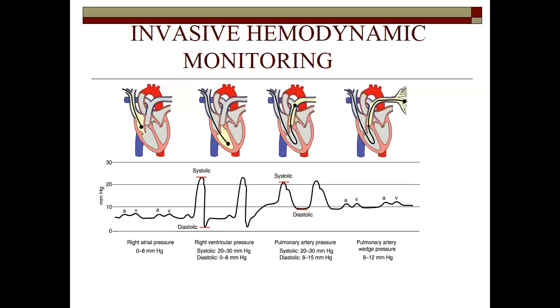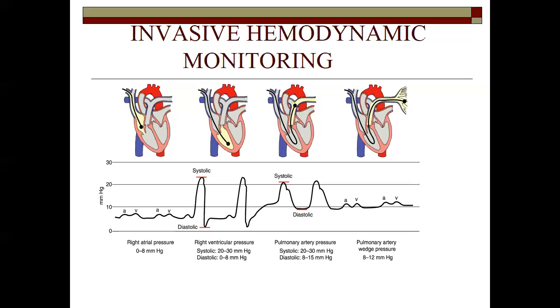You'll see some patients have extremely high pressures. If they have pulmonary hypertension, their pulmonary artery pressure might be 45 systolic. I mean, that's high. So just knowing what it is before you ever leave is always good.